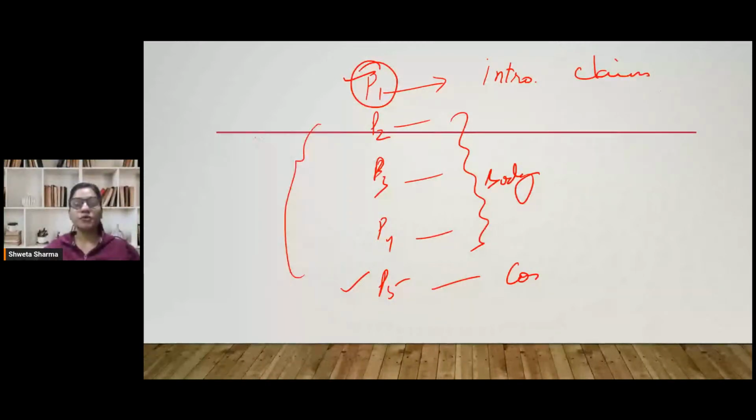What we can always try is, suppose we have 5 sentences, right? What do we do? We can try that we read the first one, we read the last sentence, and the middle sentences can be skipped.